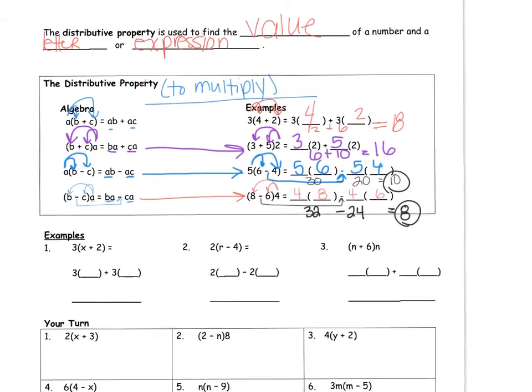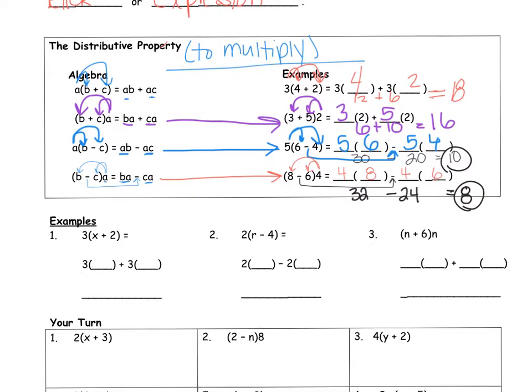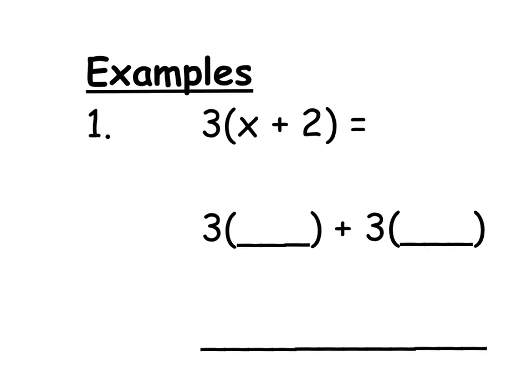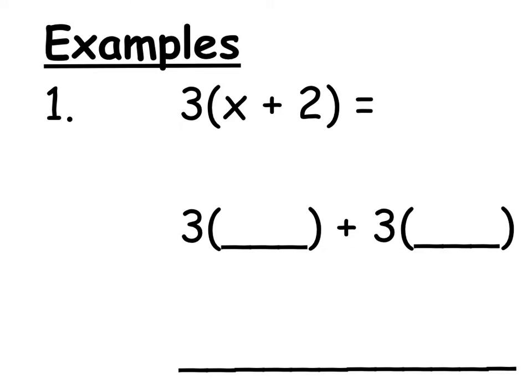Alright, let's do a couple example problems. And like I said, tomorrow we will do the ones that are in the boxes that say your turn. So if we look at the first one, again, these arrows are super important. You might think they're stupid, and that's fine, but this way I know you're not going to forget to multiply to something inside the parentheses.